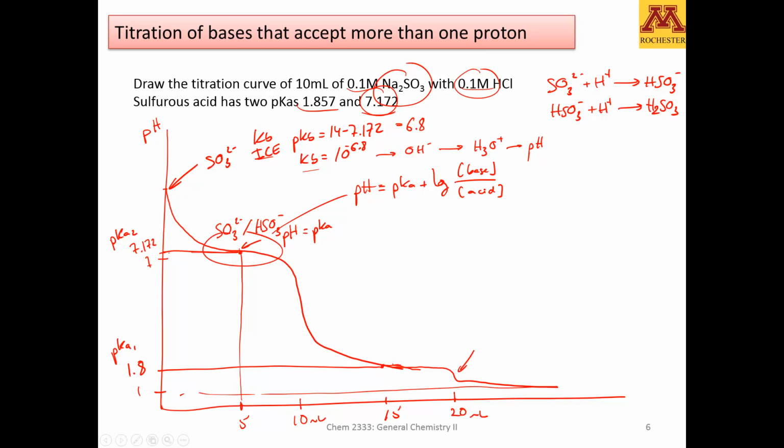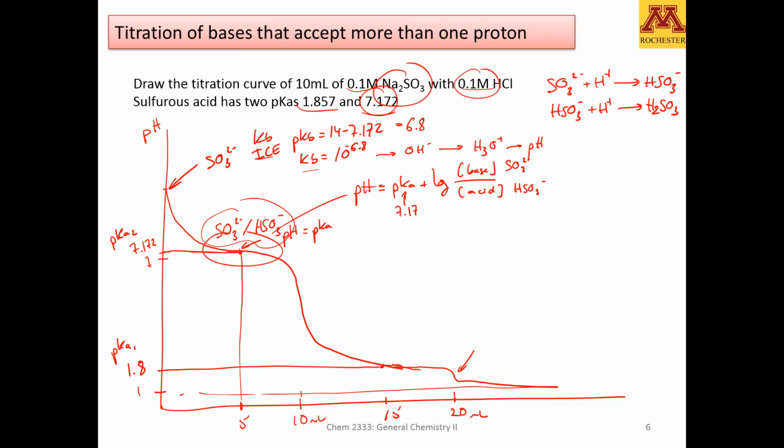The tricky part here may be, what pKa are you talking about? Well, the pKa that relates these two species is the 7.17. And the base is the sulfite, and the acid is the hydrogen sulfite.